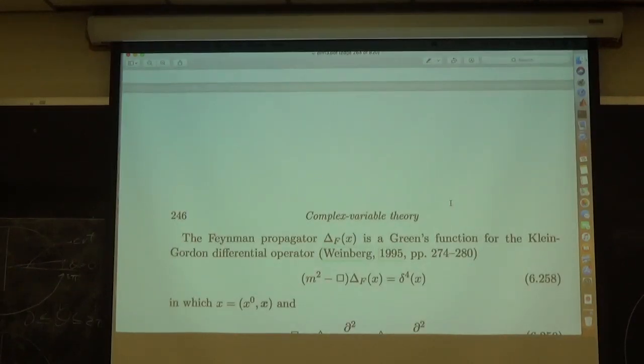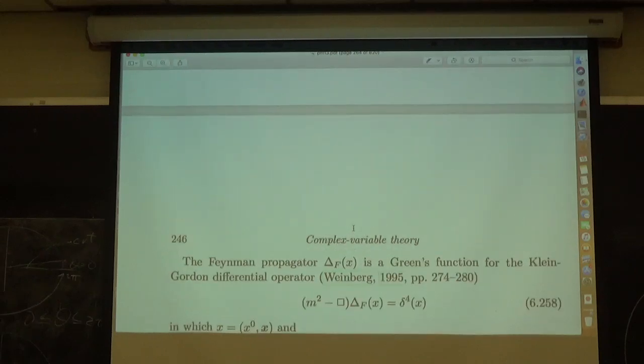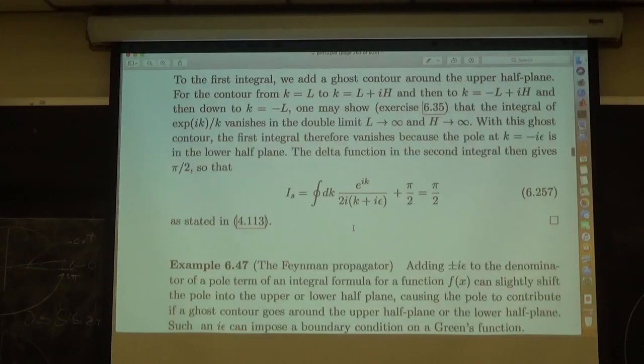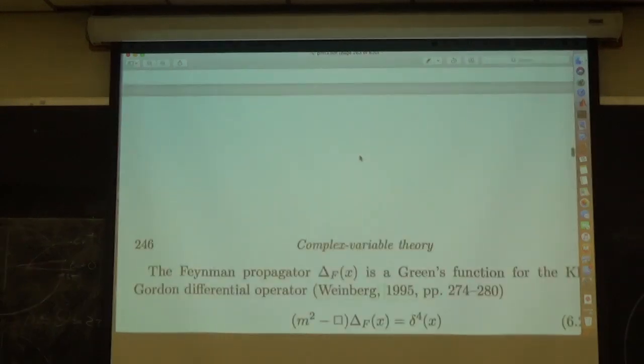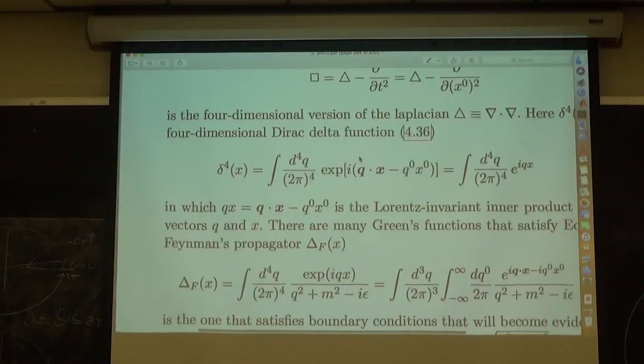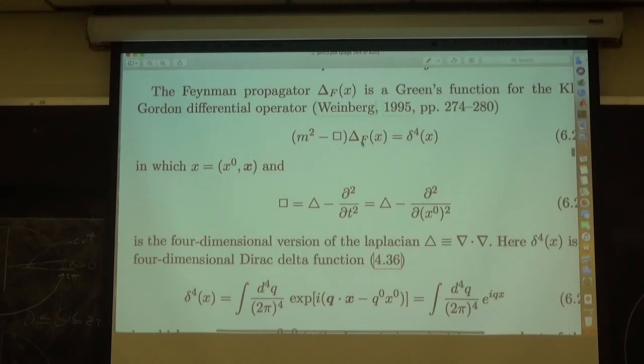Maybe I should just mention Feynman's propagator. Feynman's propagator is a Green's function for a 4-dimensional Gaussian, which is written sometimes as box being triangle minus d by dt squared, and triangle, of course, is the ordinary Laplacian.